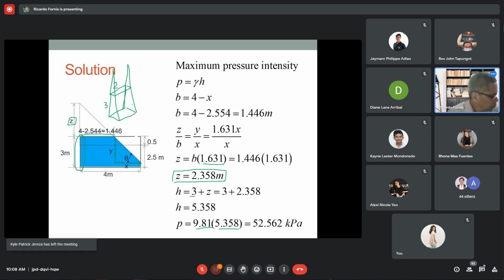Use your calculator. Those who got the answer already, you can just type it in the chat box.